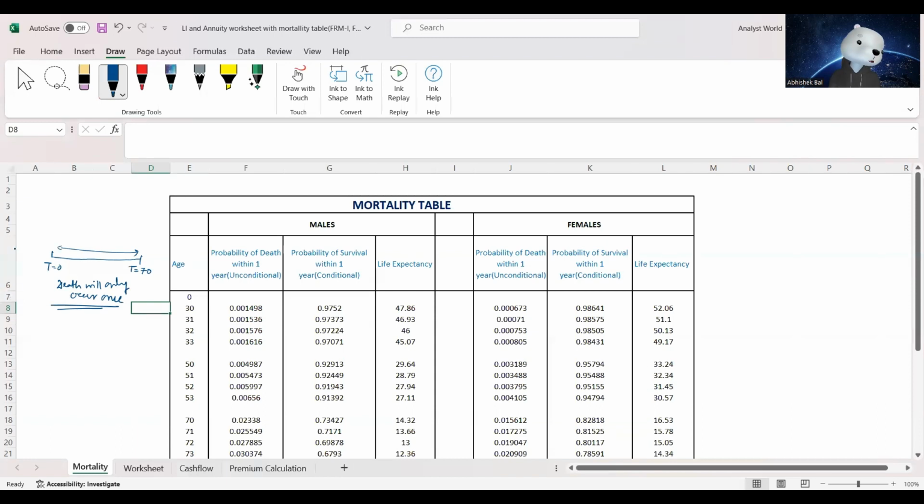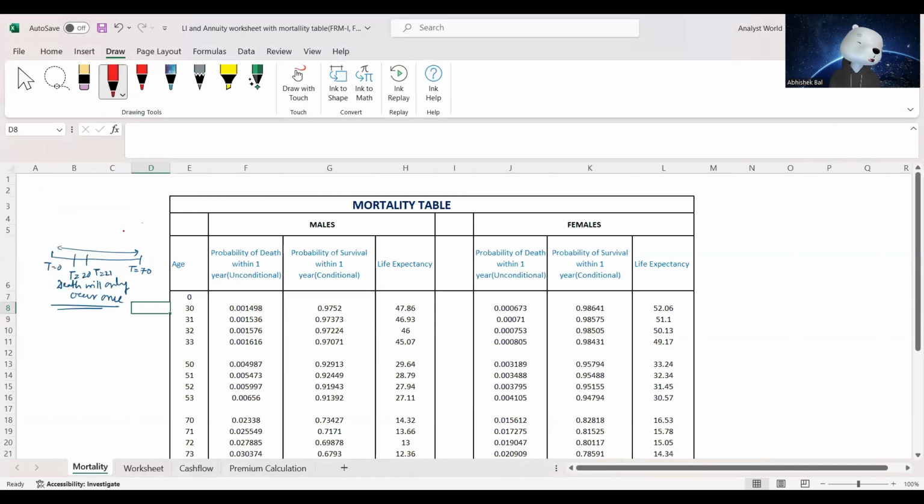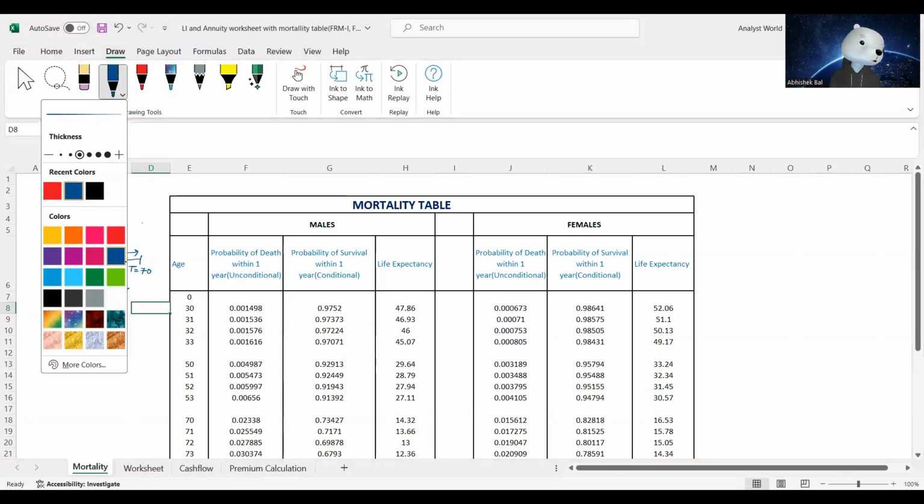So if we take a healthy individual, suppose who is 20 years old today, the probability that he's going to live up to the 21st year is conditional on his not dying within this span of 20 and 21. That means within this 1 year, if he does not die, then definitely he will live up to the 21st year.